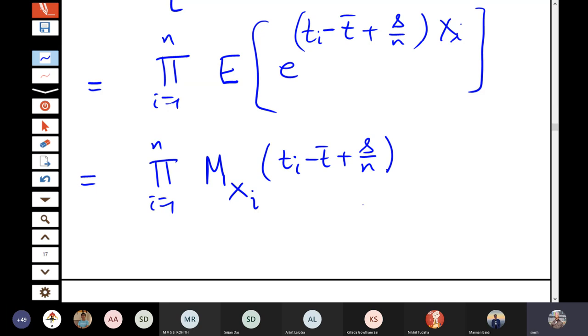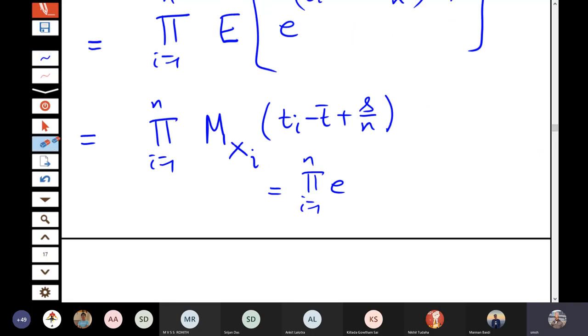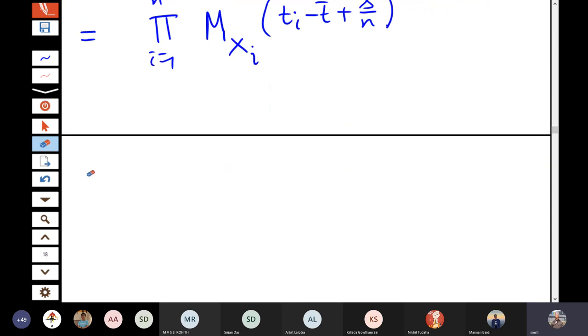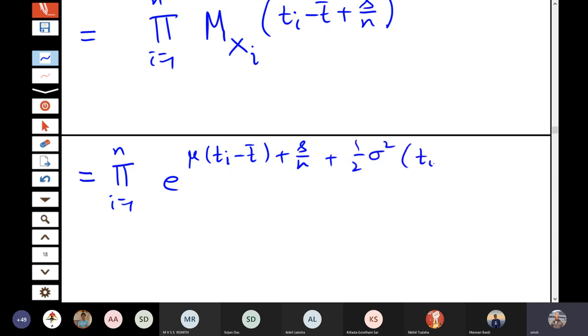Since xi follows normal mu, sigma square, we can write this term as the product, i equal to 1 to n, of e to the power mu (ti minus t bar plus s by n) plus half sigma square (ti minus t bar plus s by n) whole square.